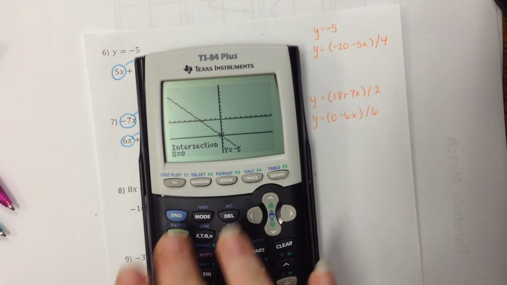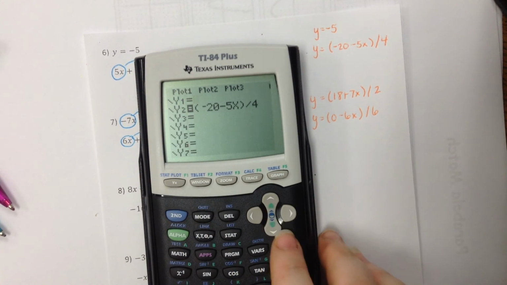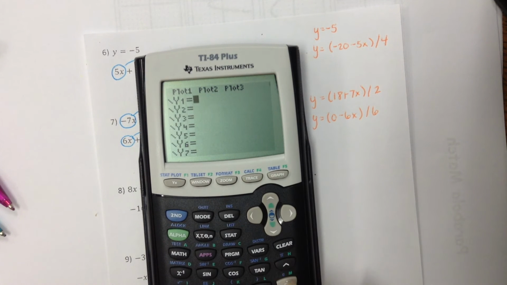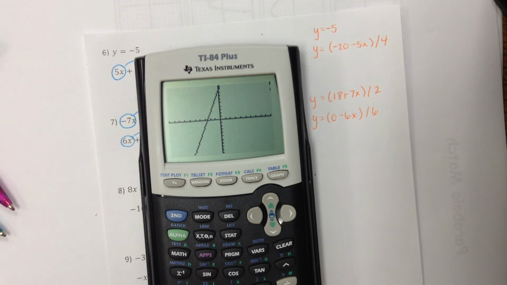So I'm going to do this a little quicker. So clear, parentheses 18 plus 7x, close parentheses, divided by 2. And then we're going to have parentheses 0 minus 6x, close parentheses, divided by 6. Press graph. We have our two solutions.